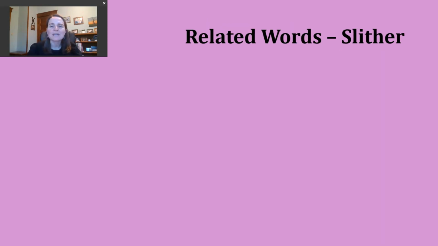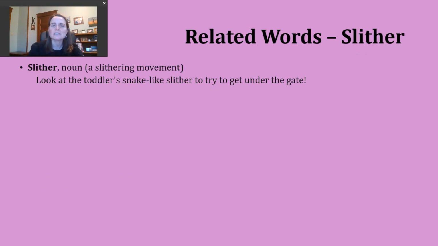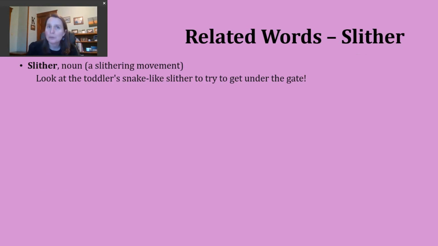Now, let's move on and talk about some words that are related to today's verb slither. The first word we're going to talk about is just the noun form of this word. The noun slither has the exact same spelling and the exact same pronunciation as our verb. When we use this word as a noun, we're describing a slithering movement. So again, sort of that twisting movement that propels something forward.